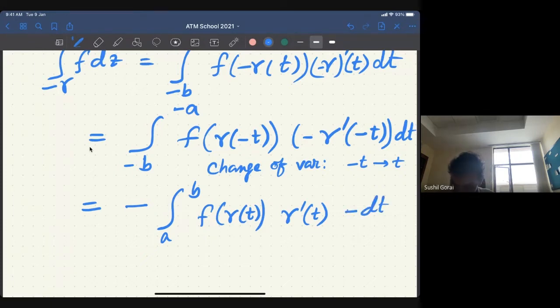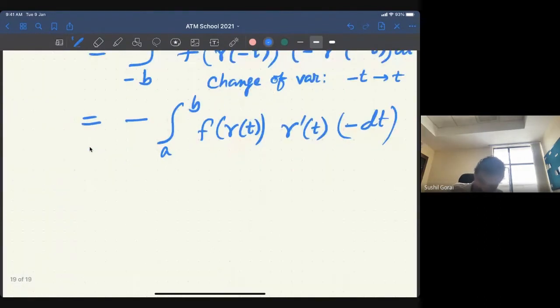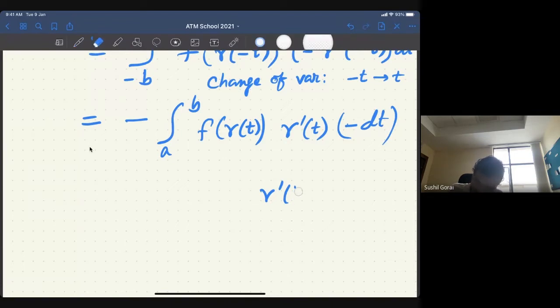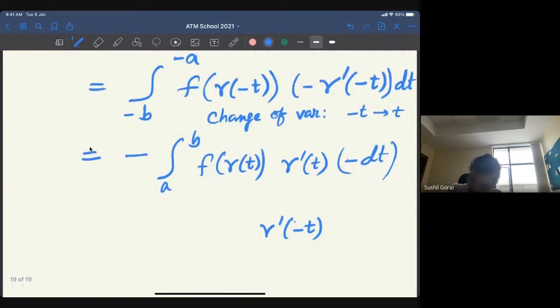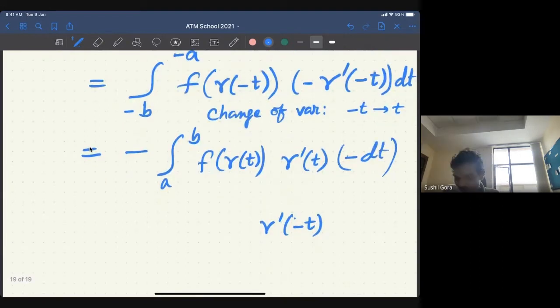But look at gamma prime of minus t: you are making a change of variable, minus t. Will that just be gamma prime t, or will there be a minus sign?